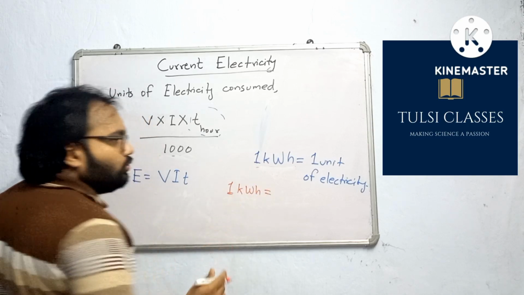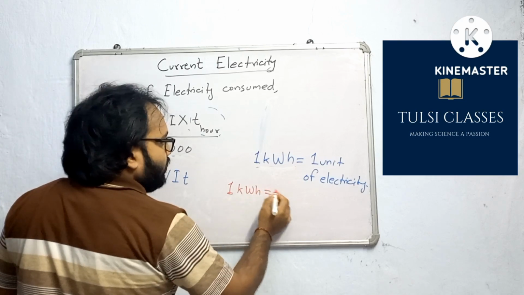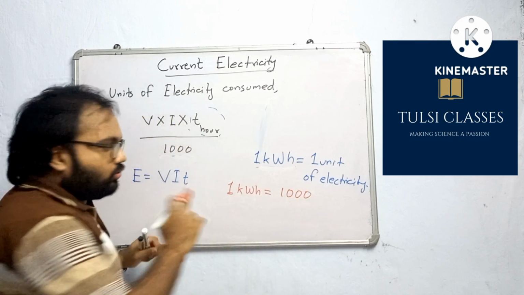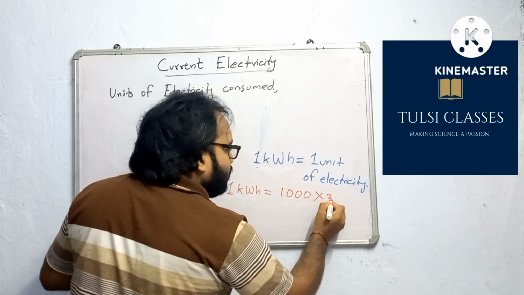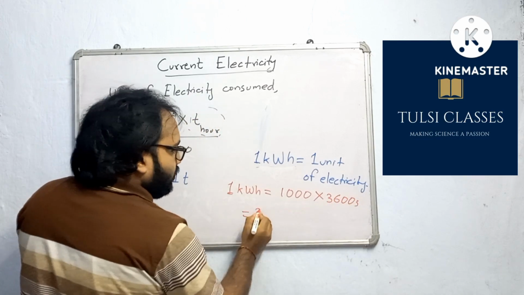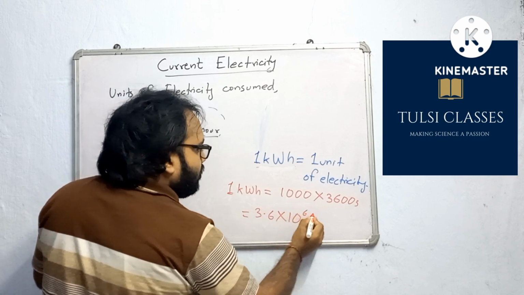Now 1 kilowatt hour is equal to how many joule? 1 kilowatt means 1000 watt, multiplied by 1 hour, 3600 second. How much you are getting? 3.6 multiplied by 10 raised to the power 6 joule.